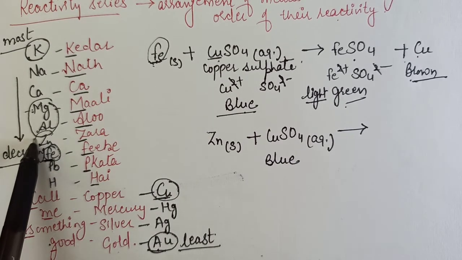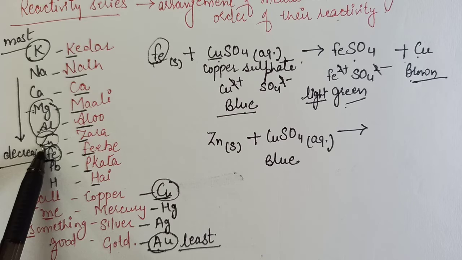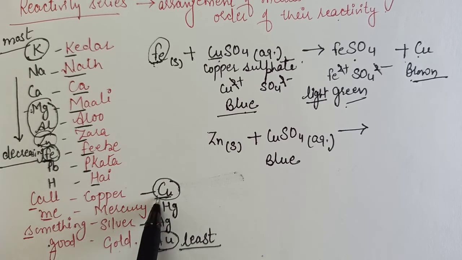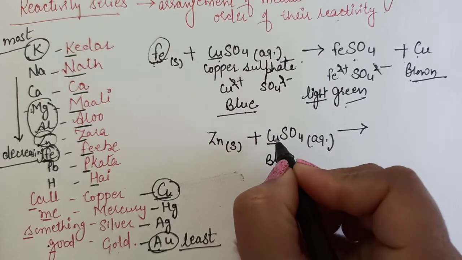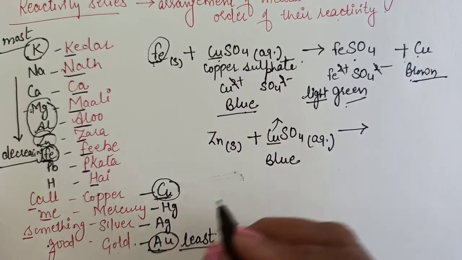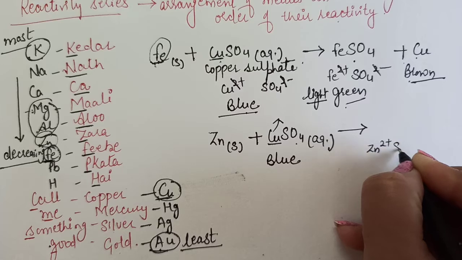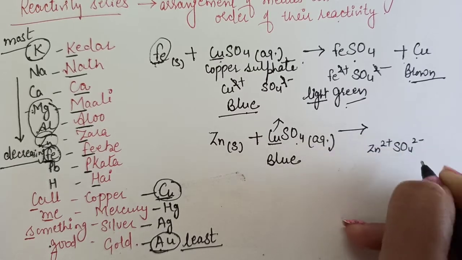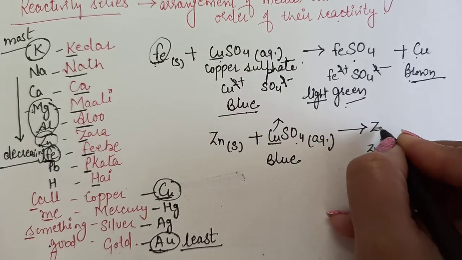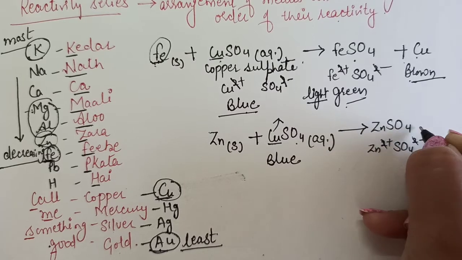Zinc is placed first, so zinc is more reactive than copper, so it will displace copper and form zinc sulfate. Zinc sulfate, Zn2+, SO4 2-, the 2s cancel and it will be ZnSO4.